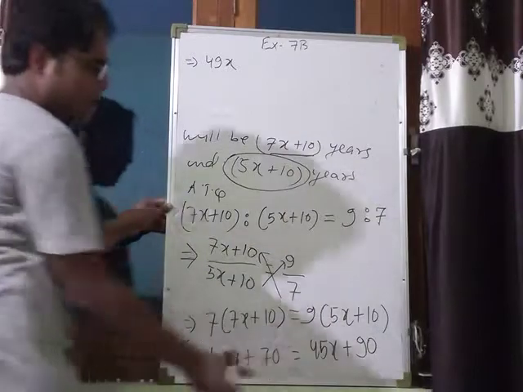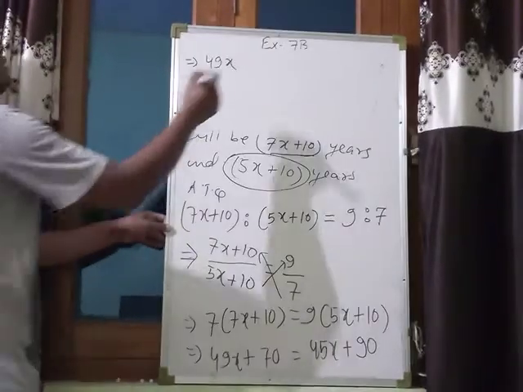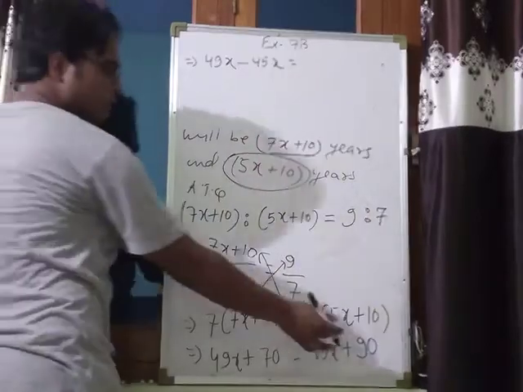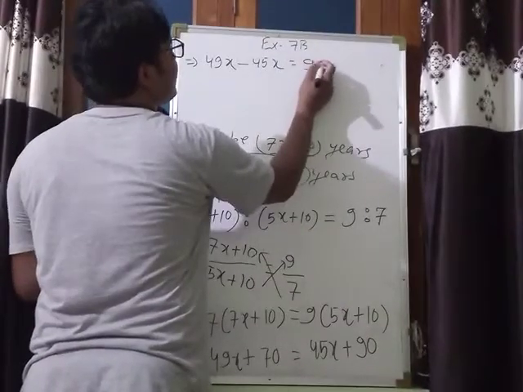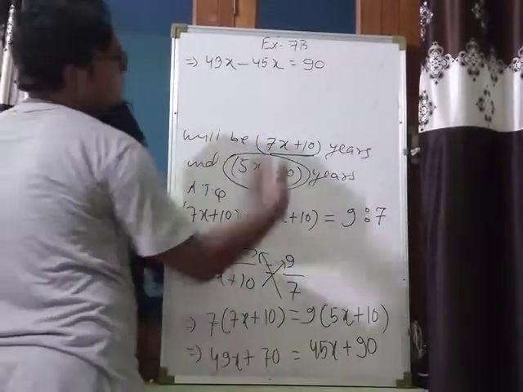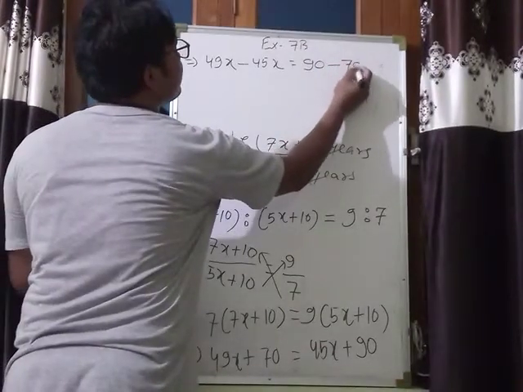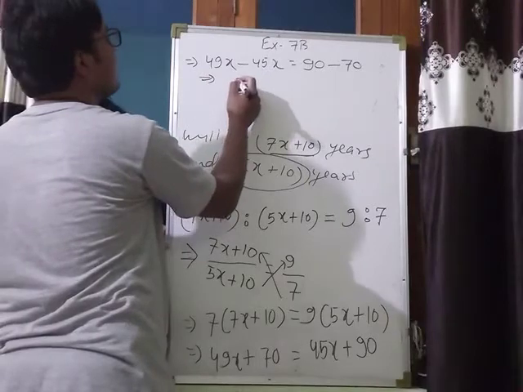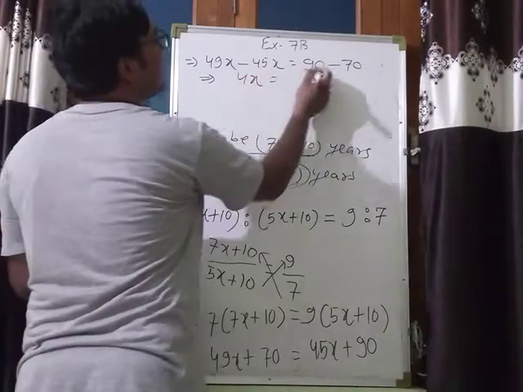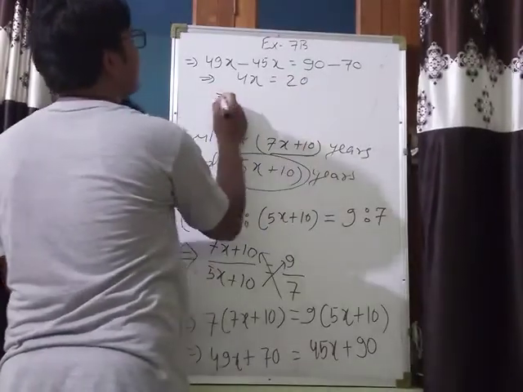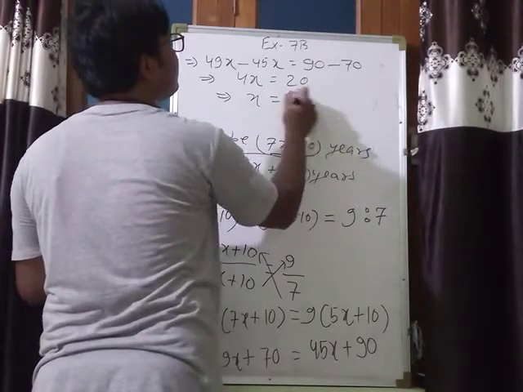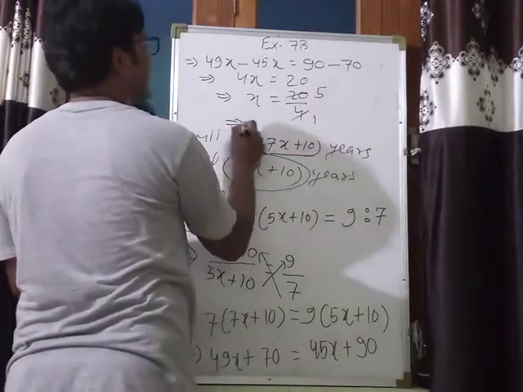Transfer this 45x to the left side, we have minus 45x, equal to 90, and transfer this plus 70 to the right side, minus 70. That is 49 minus 45, that is 4x, equal to 90 minus 70, that is 20. So from here x is equal to 20 upon 4, which is 5.